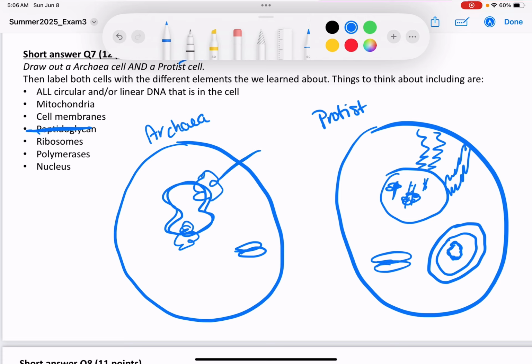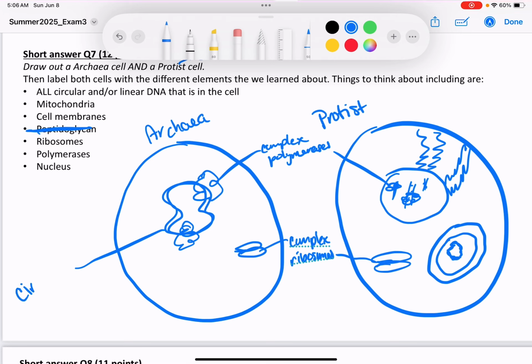So I've got complex polymerases in both. I have complex ribosomes in both. I have circular DNA here in my archaea, and I also have it here in the mitochondria. MT, so mitochondria with circular DNA inside of that.